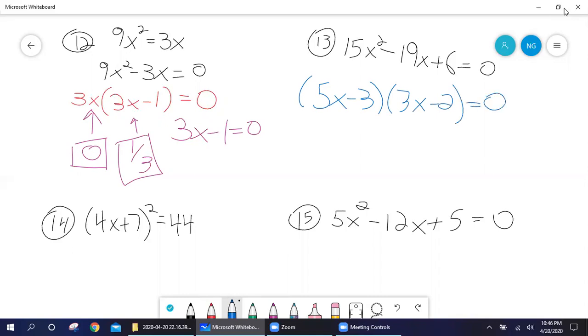And now I use the zero factor property on each one of these. Again, it's setting the factor to 0, which would give me 3/5 for x in the first factor. If I set the second factor equal to 0, that would give me 2/3.